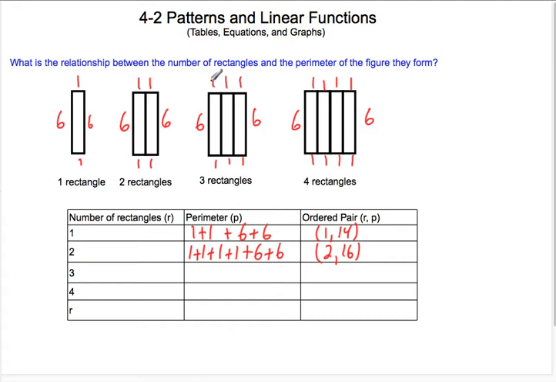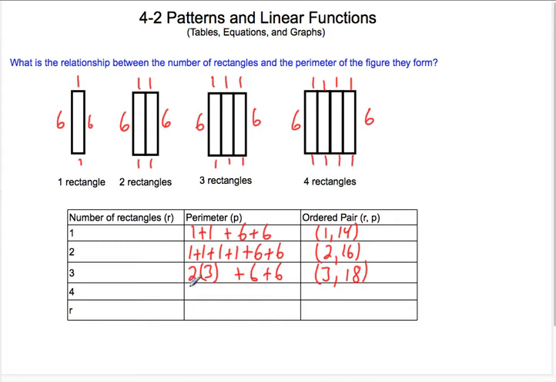It looks like for 3 rectangles, we're going to have 3 groups of 2 ones, or 2 groups of 3 ones. So we'll just say 2 times 3 ones, so 6, that's 1, 2, 3, 4, 5, 6, plus 6 plus 6. And so now we have 3 rectangles and 18 perimeter.